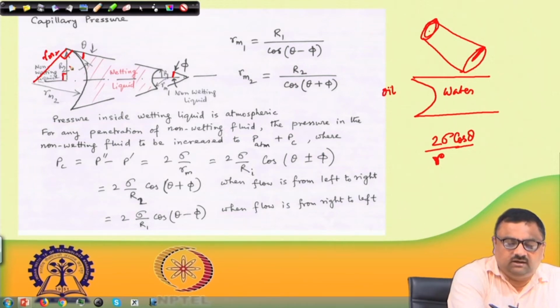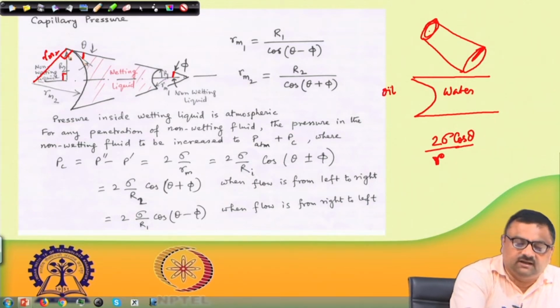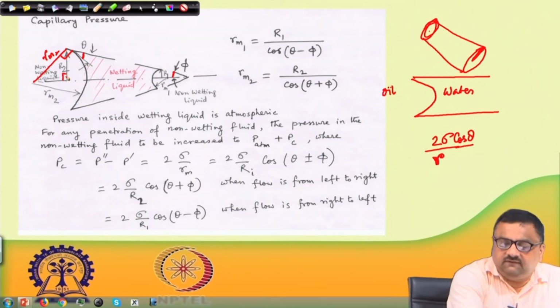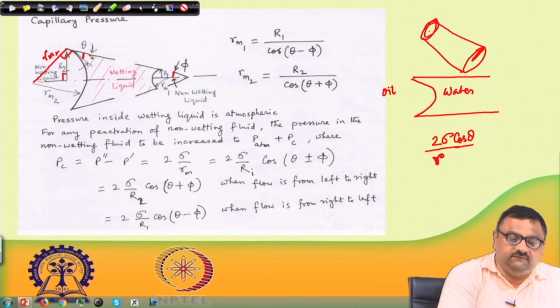So one can find from here that Rm2 is nothing but R2 divided by cos of theta plus phi. So what that means is Rm2 into cos of theta plus phi is equal to R2.